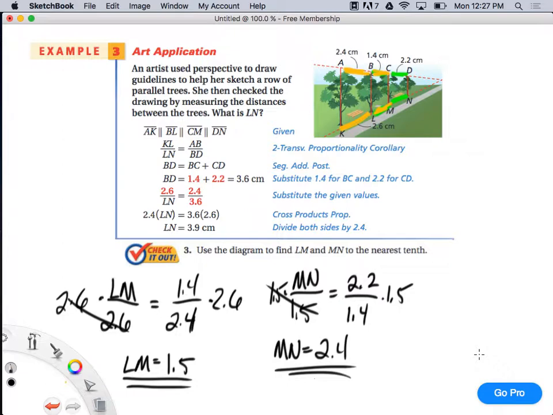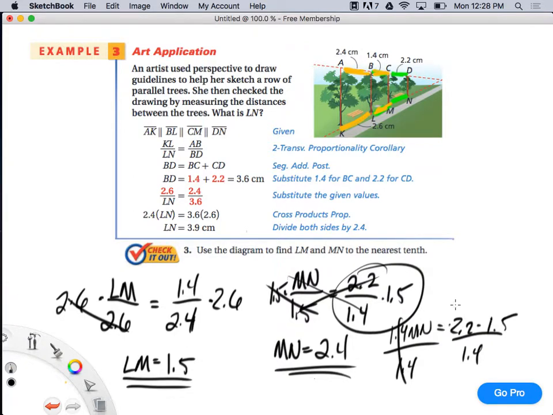Okay, so if you cross multiply, it won't matter. It ends up being the same thing, because if you cross multiplied, you'd get 1.4 MN equals 2.2 times 1.5, right? But then you divide by 1.4, which is exactly what we had over here: 2.2 times 1.5 over 1.4. It's the same thing. Okay, good question.